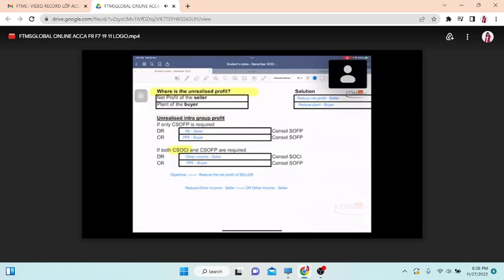This is something similar to the unrealized profit on inventory. Now we are concentrating on the second part.